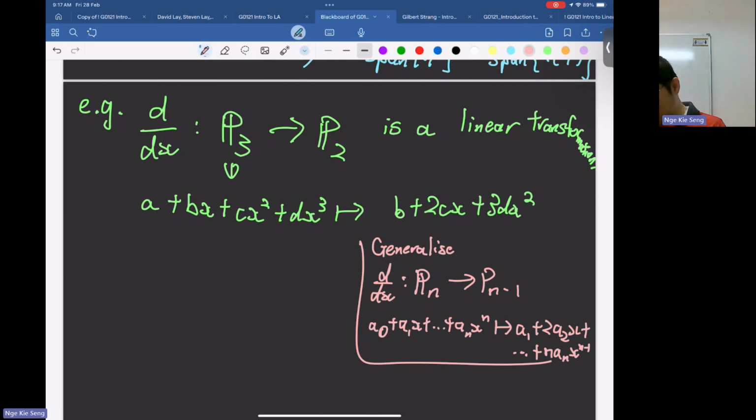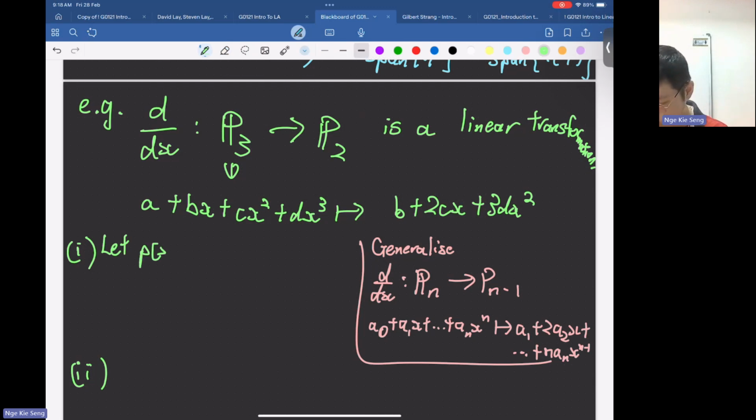We want to prove that this is a linear transformation, so there are 2 things to check. Let's set 2 polynomials first.